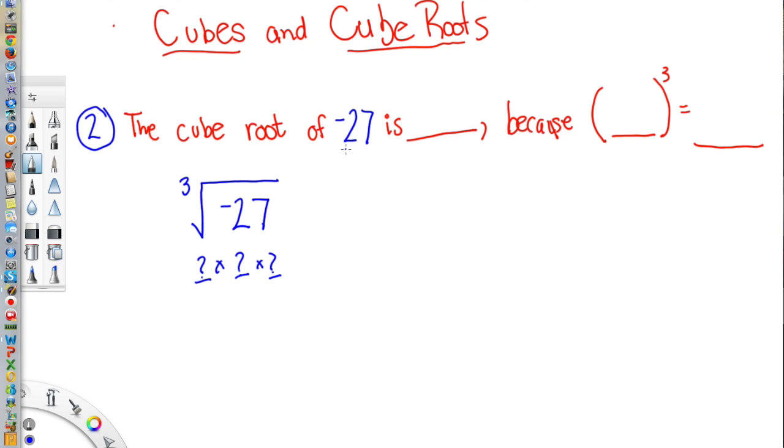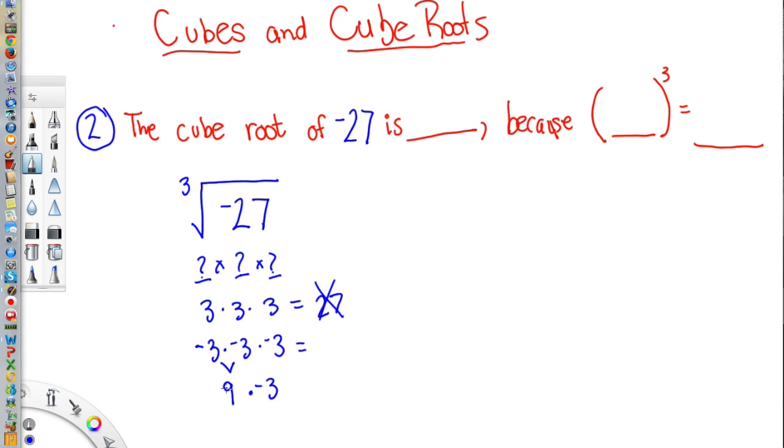Well, the last problem is very similar, and we know that 3 times 3 times 3 is going to equal 27, but we don't want 27. We want negative 27. Well, let's try negative 3 times negative 3 times negative 3. I know that negative 3 times negative 3 is going to be a positive 9, because a negative times a negative will give us a positive.